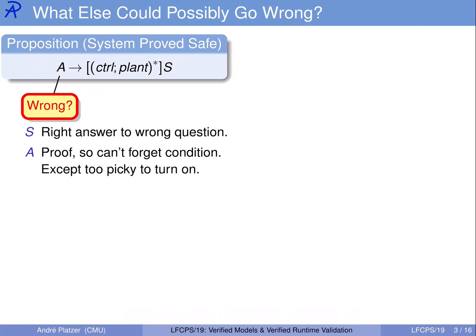Maybe we've been assuming too much, things that narrow the scope of where we know the safety of the system too much, which means if you try to turn the system on, it'll simply be too picky and say, sorry, no, the conditions aren't met, I'm not running today, even though in principle we could have shown safety for those cases as well.